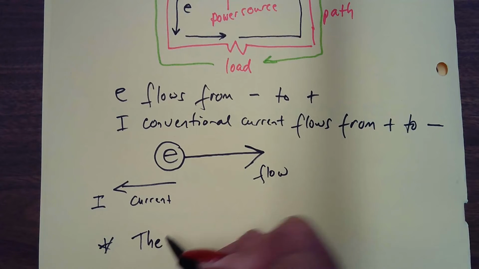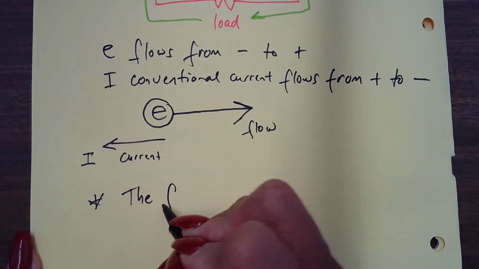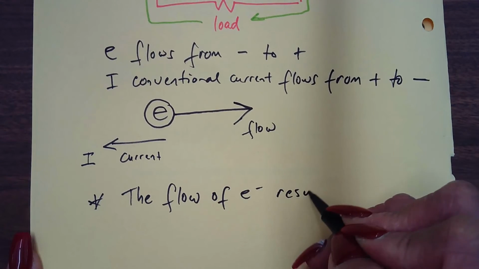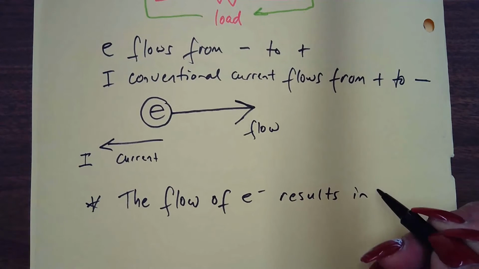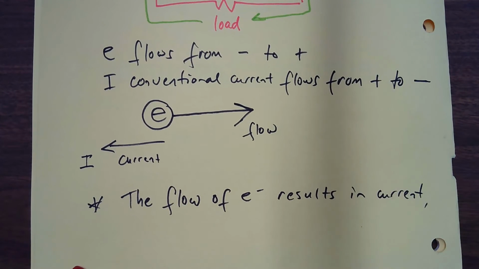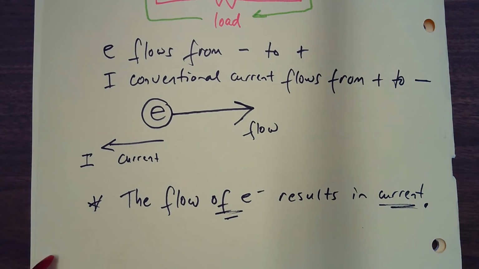But what is actually happening is the flow of electron results in current, which results in the circuit working.